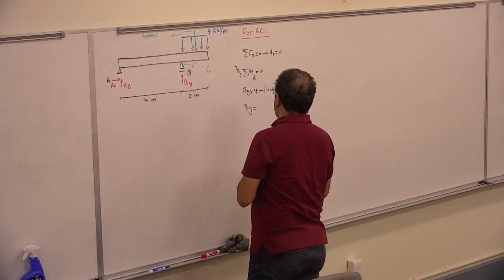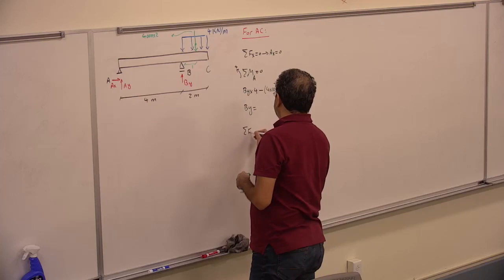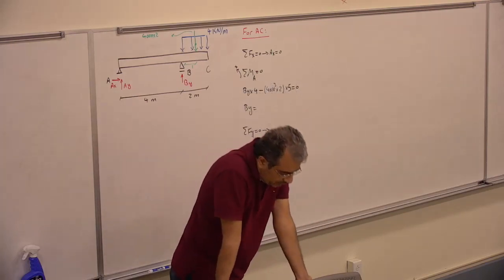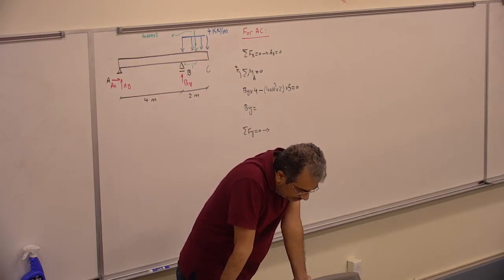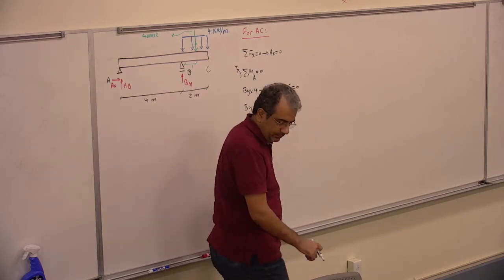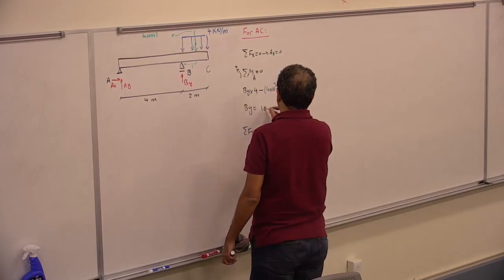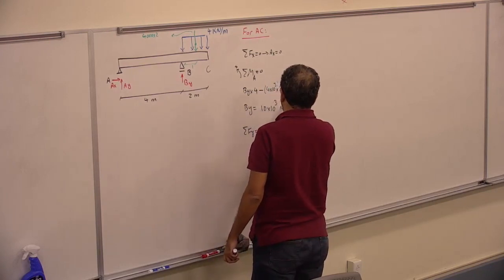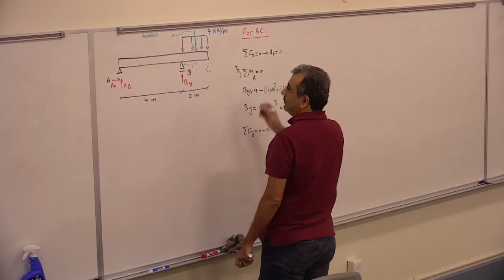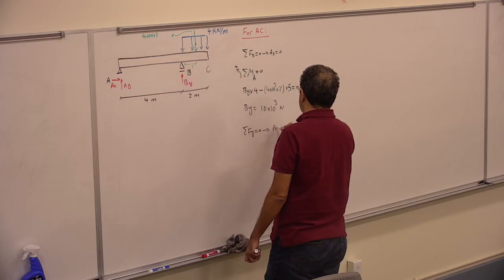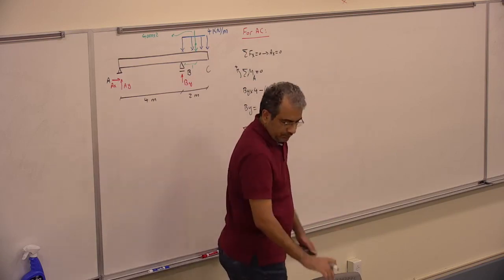So By comes out as 10,000. And if I write the sigma Fy 0, Ay should come out at 2,000.